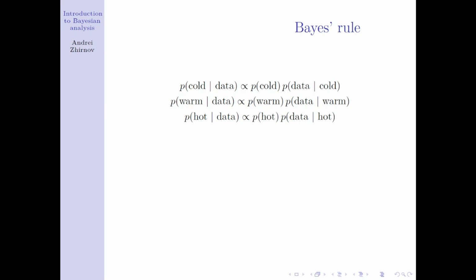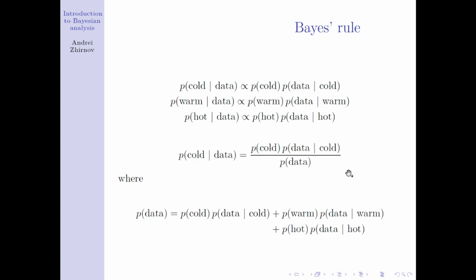We can make the same statements about the other two possible values of our weather parameter. Now, the posterior probabilities are probabilities, and so they should range between 0 and 1 and add up to 1. Therefore, in order to calculate the actual posterior probabilities, we need to take these products and normalize them to a range between 0 and 1 and to add up to 1.